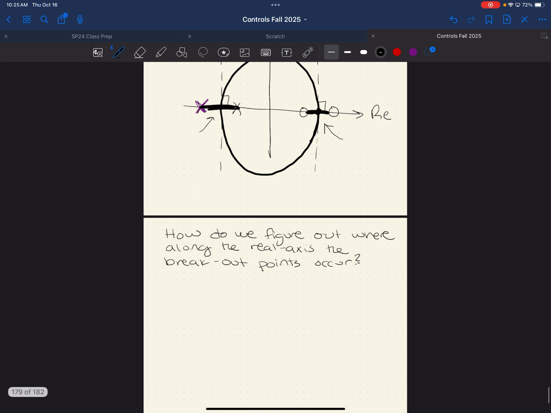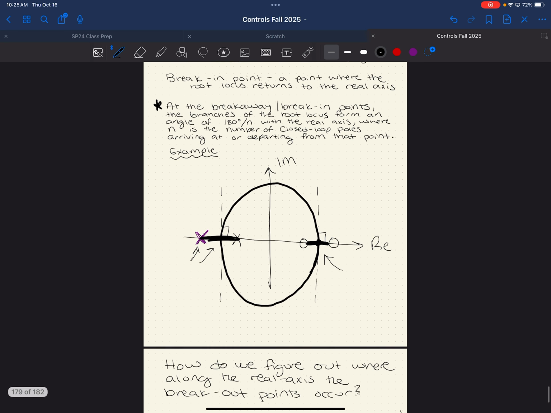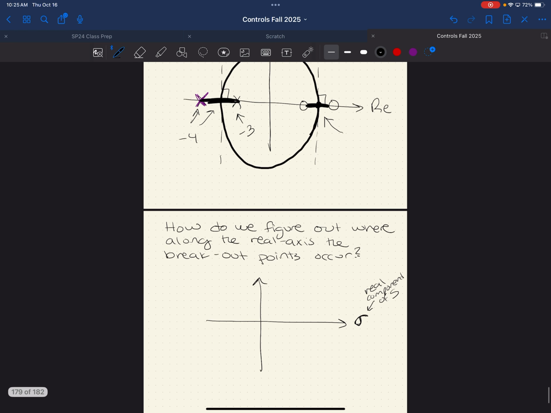So for instance, if we were to draw a graph, and we said, let's look at plugging in values of S that are on the real axis. So this is just the real component of S. And let's say we plugged in values from negative, whatever this number is. I didn't even give a number for this example. Maybe this is -4, and maybe this is -3.